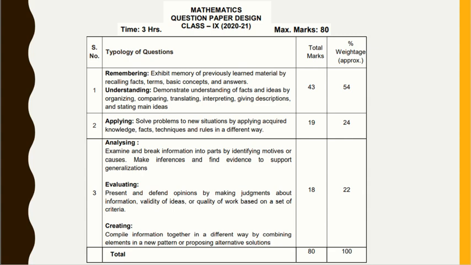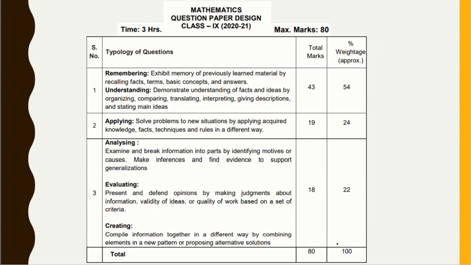Creating comes under modelings. Under this level you will be having 18 marks with a weightage of 22%. So, put together, 80 marks of your question paper will be divided into 3 levels: remembering and understanding 43 marks, applications 19 marks, and analyzing, evaluating, creating 18 marks.